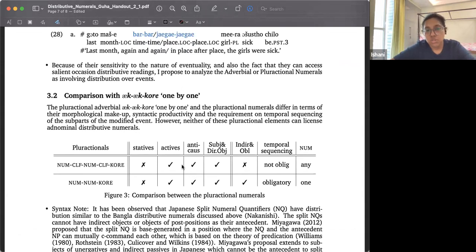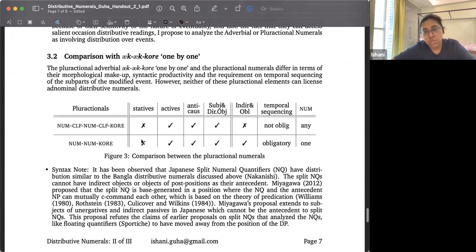The first row is the adverbial numeral: the form is numeral and classifier reduplicated and then suffixed with kore. In the second row, we have Aket Kore, which has no classifier, numeral reduplicated, suffixed with kore.